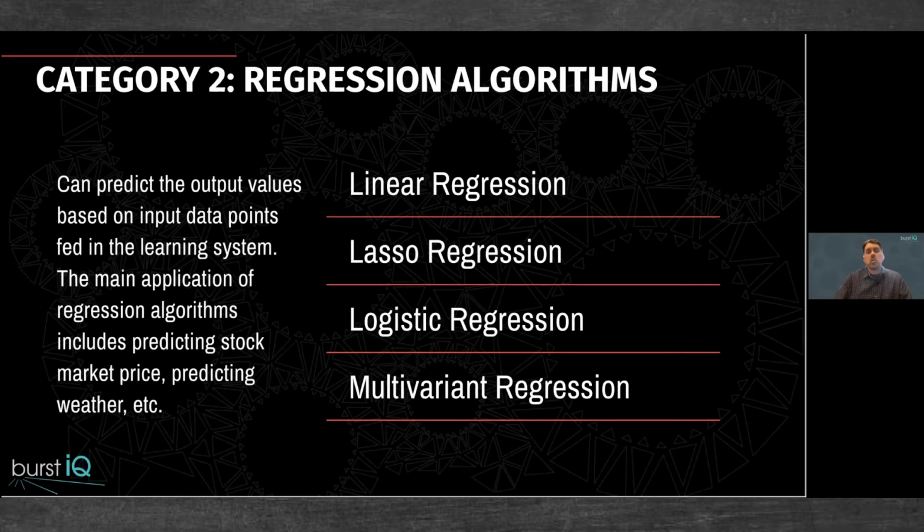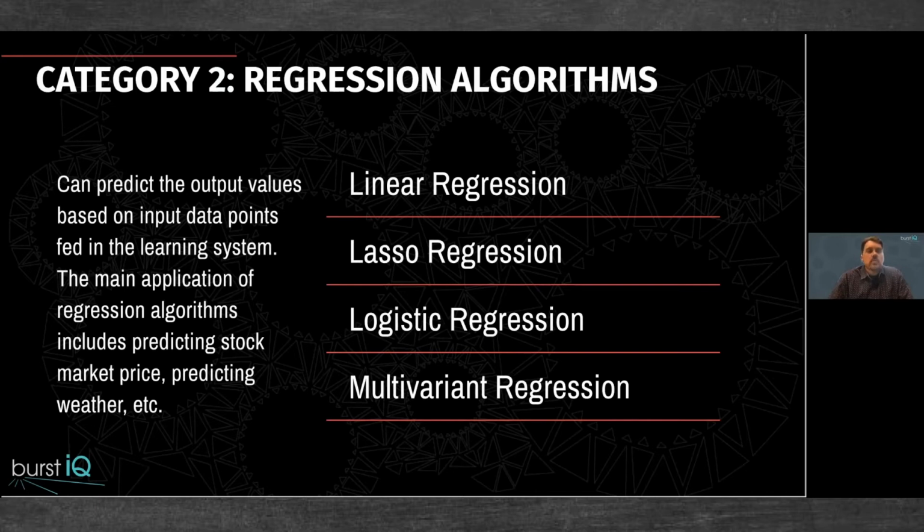Is my data more organized in a collinear fashion, or is it more random? Do I have one input that affects one output? And then what kind of result am I looking for? All of these come into play on which category you pick. And then within each category, which technique is the best for you.